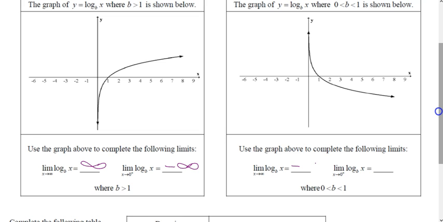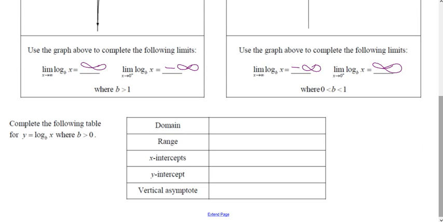And as we approach 0 from the right, we'll go to infinity. Okay? So far, so good. And then we have our characteristics of the log function. So the domain is x greater than 0.